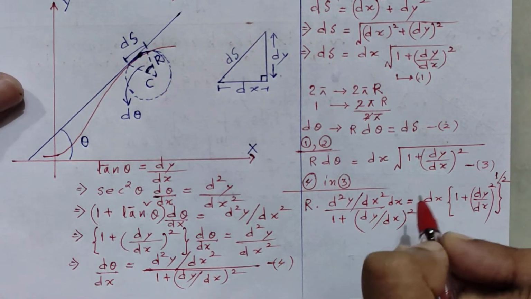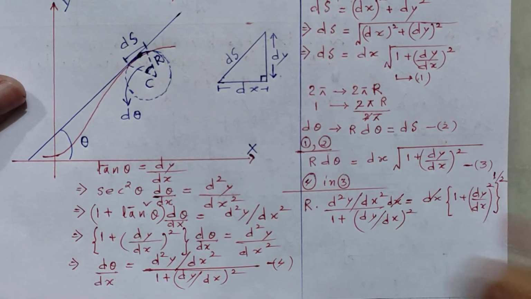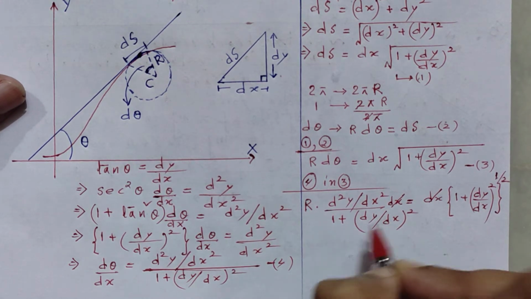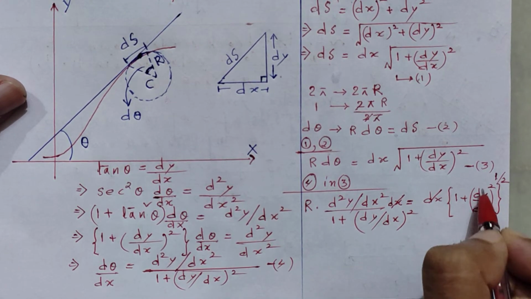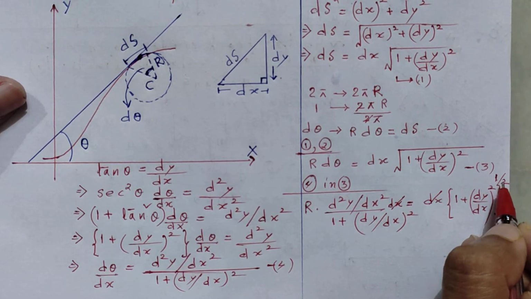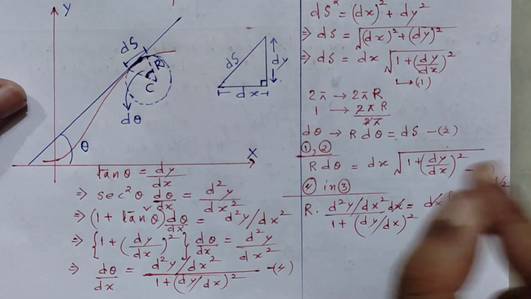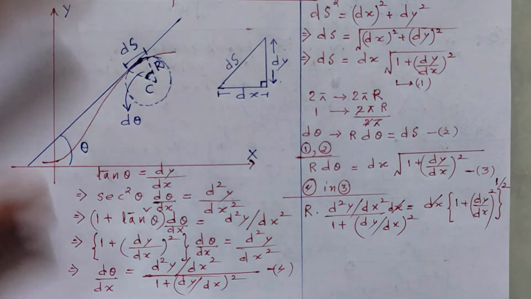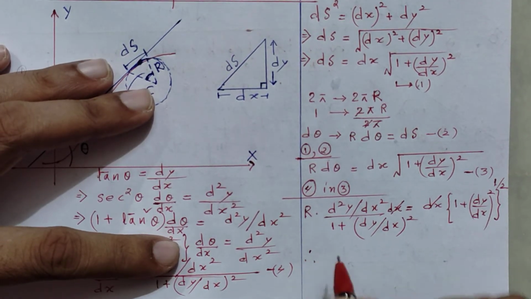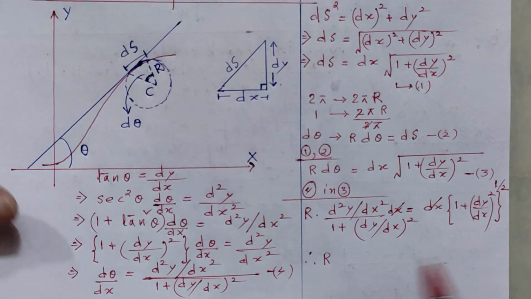So now I can cancel off this dx and dx. 1 by 1 plus (dy/dx) whole square, and this is 1 plus (dy/dx) whole square to the power half. So if I cross multiply, it will be 1 plus (dy/dx) whole to the power 3 by 2 divided by d2y/dx2. So what is the radius of curvature at any particular point on the curve?